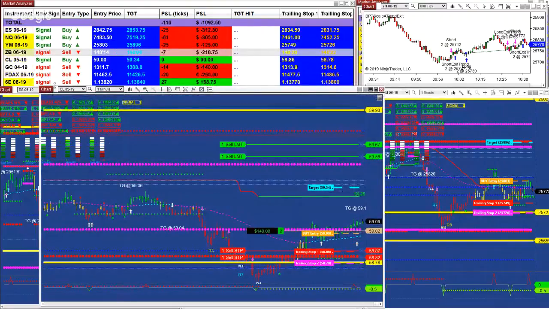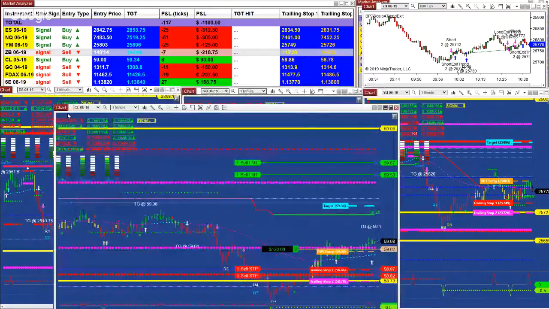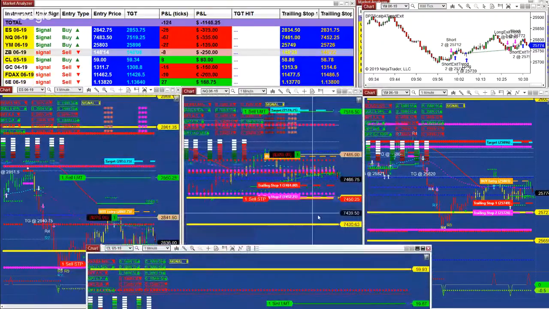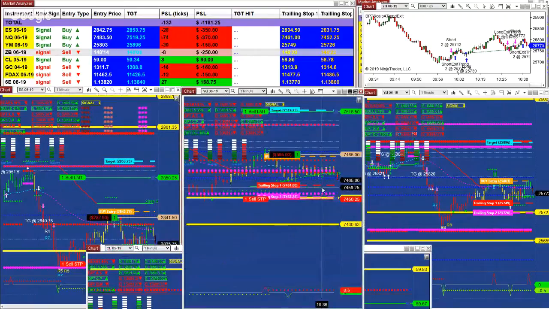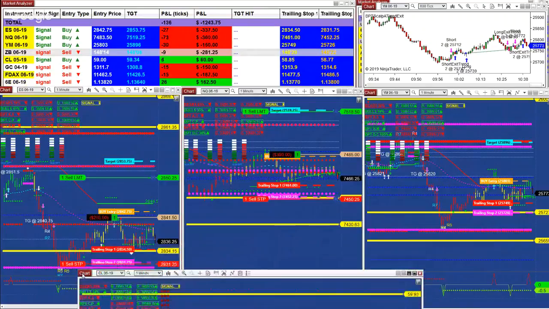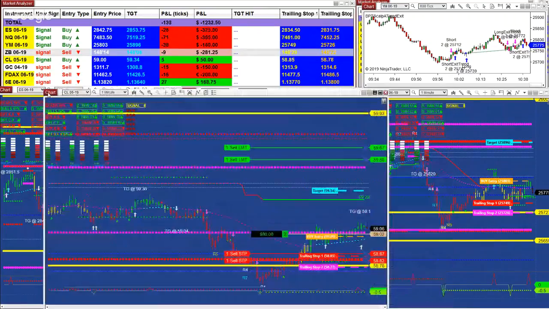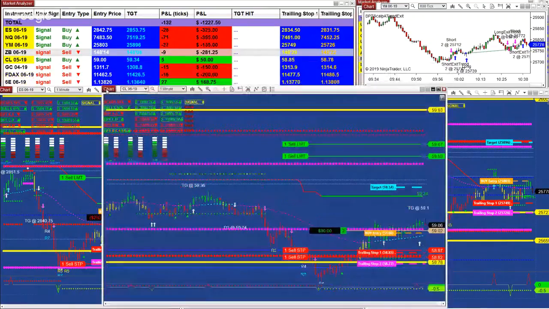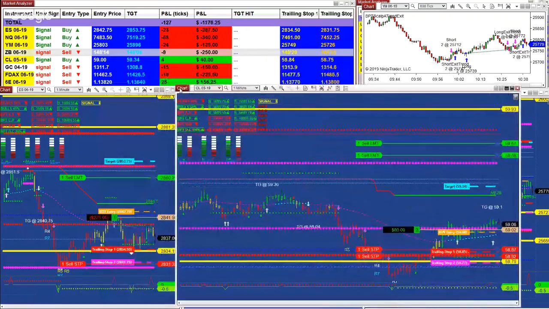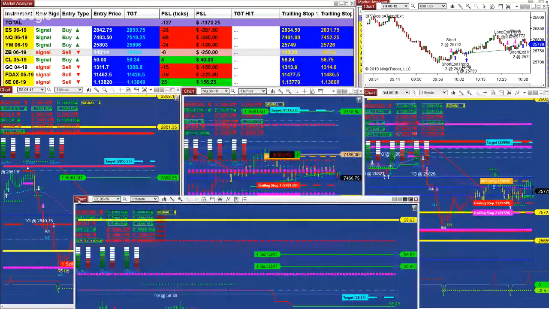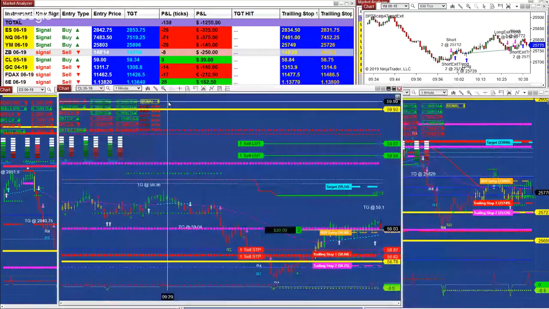It's getting very tight on the ES, Nasdaq, and I'm not sure what's going on here. Just give me a few seconds. Let me look what's going on. But the ES and Nasdaq and Dow Jones, this sudden move back, it didn't make sense.